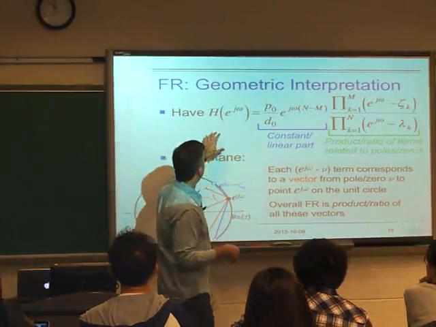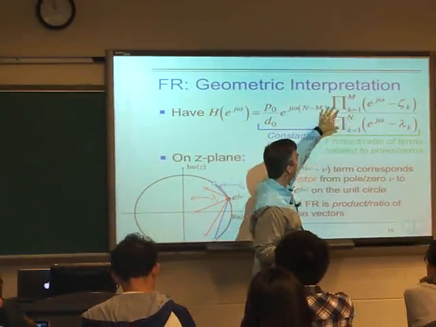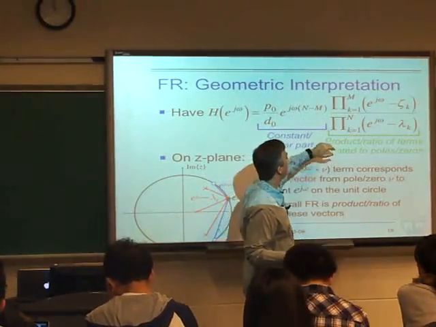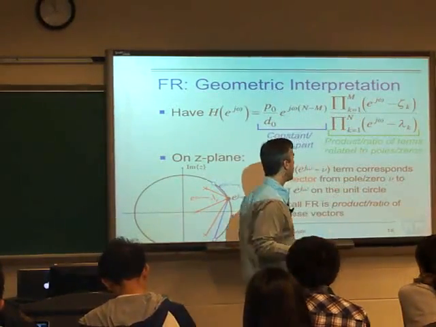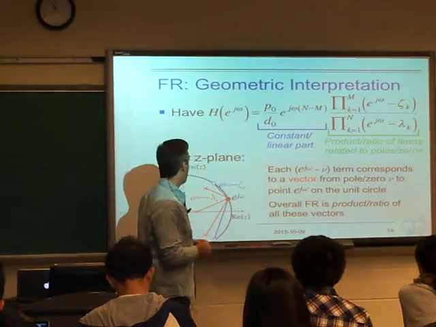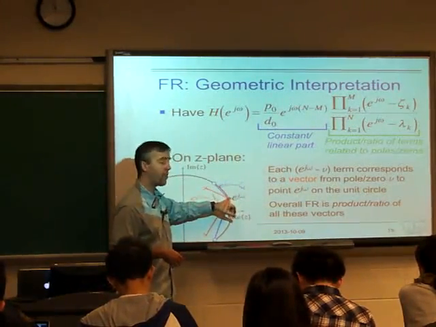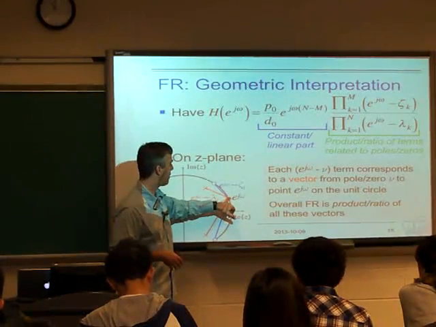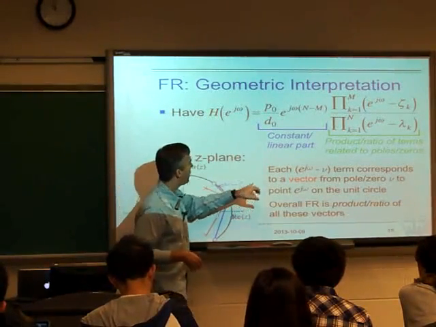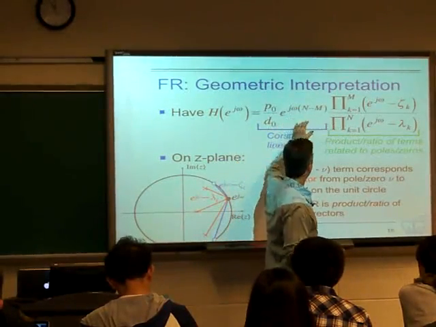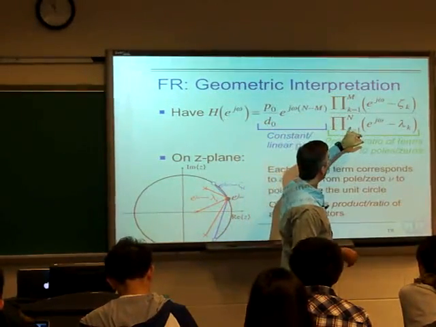So here's our expression again: the constant term or a linear phase term, and then these frequency-dependent terms. If we're thinking about the value of H(e^{jω}) for some particular value of ω, this part doesn't depend on ω except for the phase, which is just a linear function of ω.